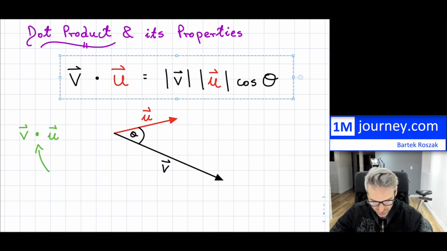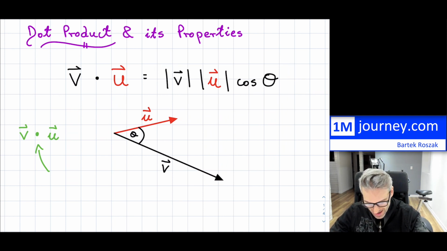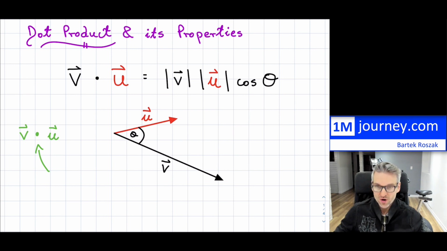So if you have two vectors and you want to find what the dot product actually is, it will be simply the magnitude of the first vector, multiplied by the magnitude of the second vector, and then multiplied by the cosine of the angle between the two vectors. So you can imagine here, I have drawn two vectors.